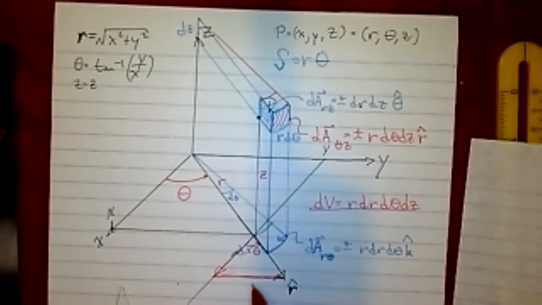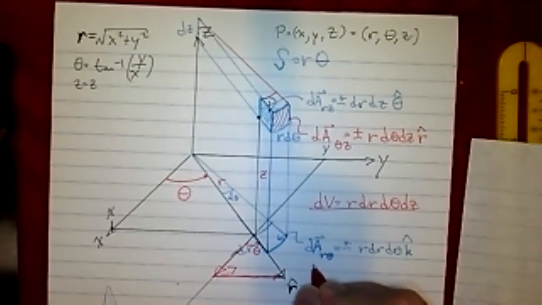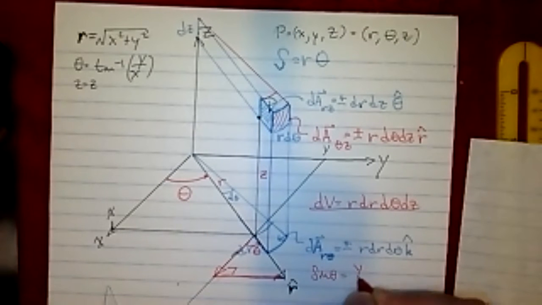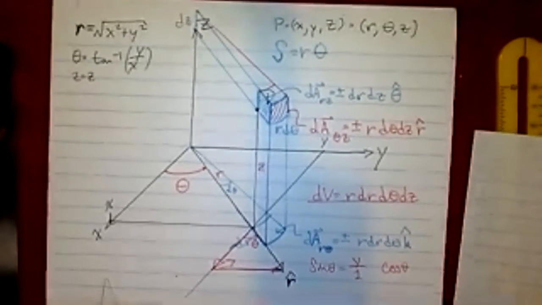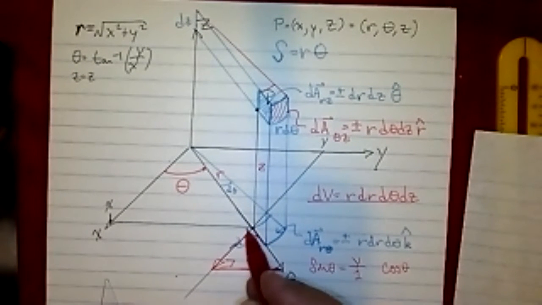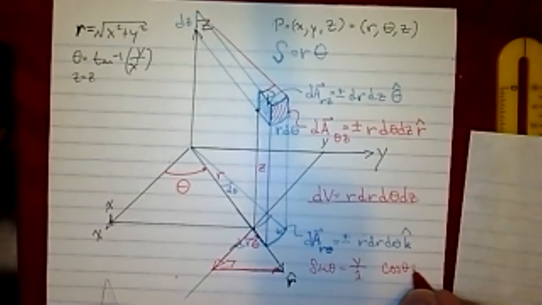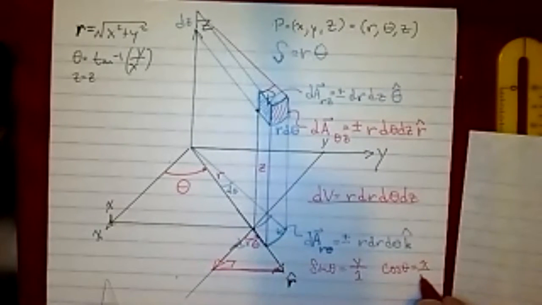And I think you can tell that since this is theta, this is a right triangle because this is the x-axis and this is the y-axis, so they're clearly perpendicular. So if I did sine of theta, it would be y over hypotenuse, which would be r, but r is just 1. So sine theta equals y over 1. Similarly, cosine theta is adjacent over hypotenuse, so that's x over the hypotenuse, which again is 1.